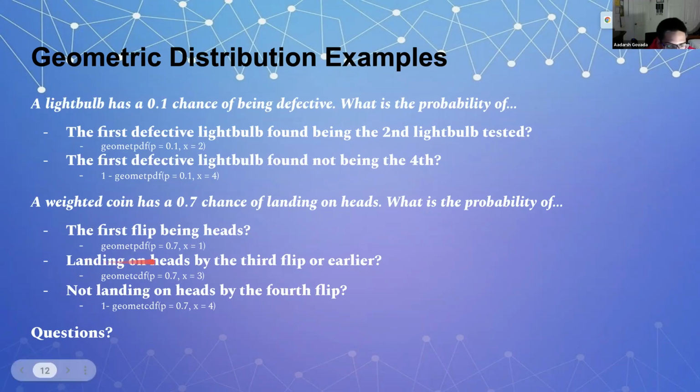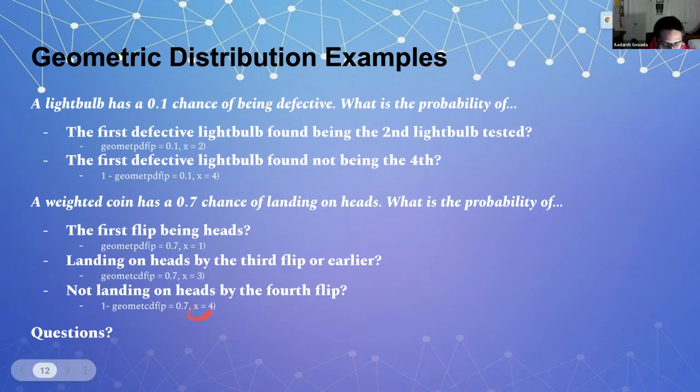Then what is the probability of landing on heads by the fourth flip or earlier? If we wanted to just find the fourth flip, we would do geometPDF. But since we're looking at earlier as well, we turn it to geometCDF. So again, second vars, then not E, because we're looking at CDF this time, we hit F. So now we put in the p value, which is 0.7, because that's the chance of success.